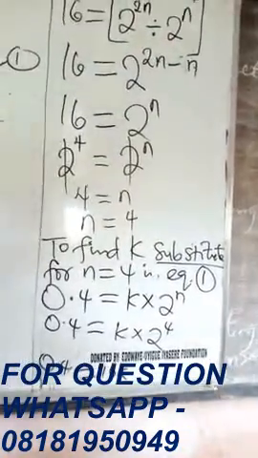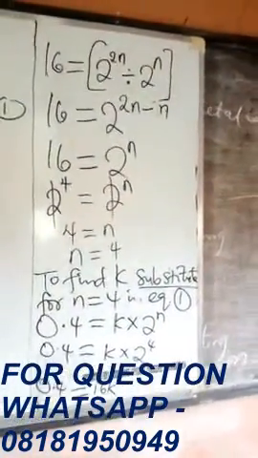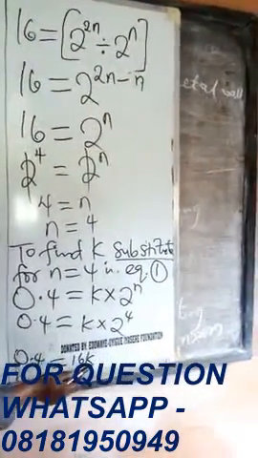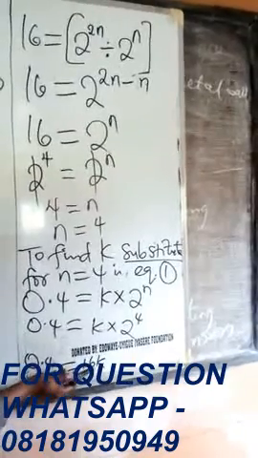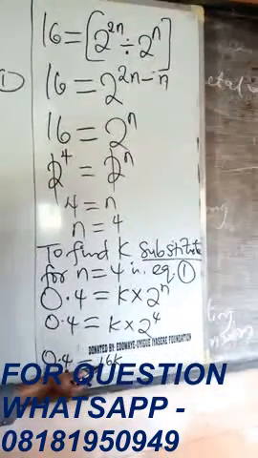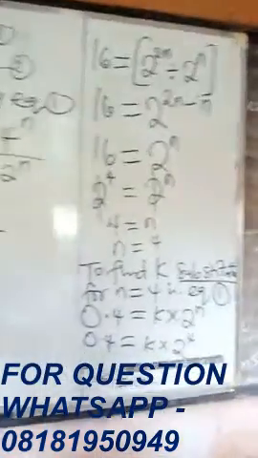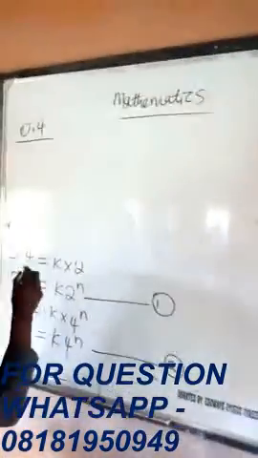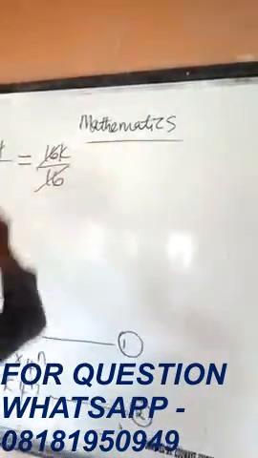Students, are you following? So let's proceed. This is 16. The unknown is k. So we are looking for our k. What is the coefficient of k, which is 16? We divide both sides by 16, not 0.4. So 0.4 over 16 equals 16k over 16. 16 cancels 16.